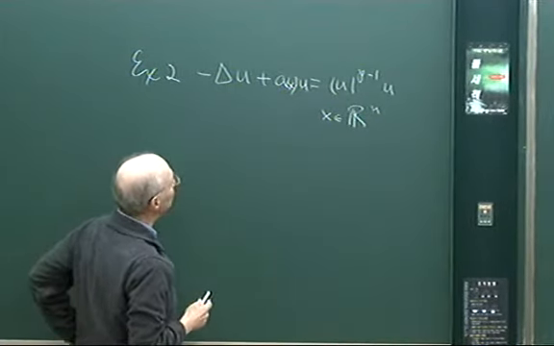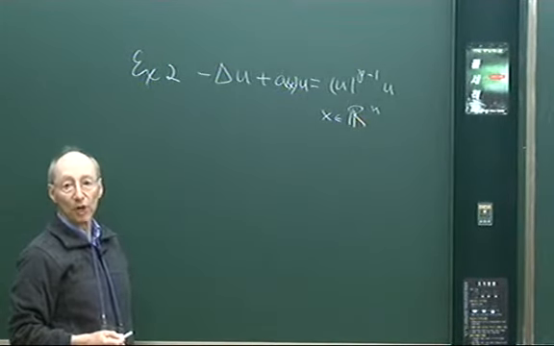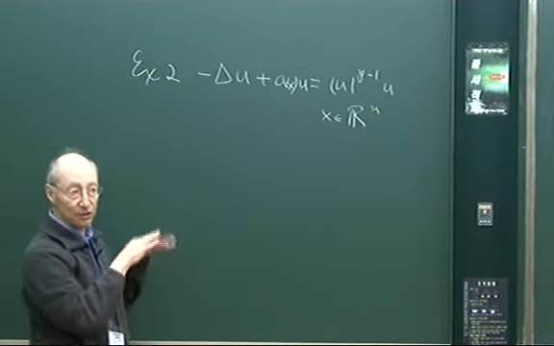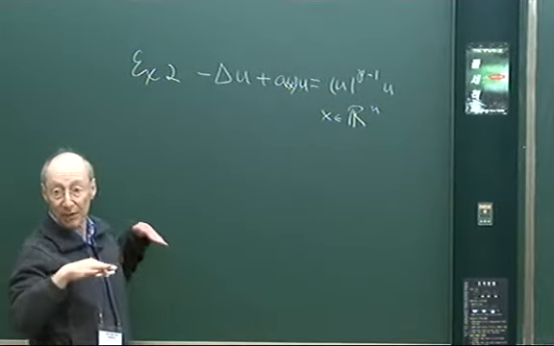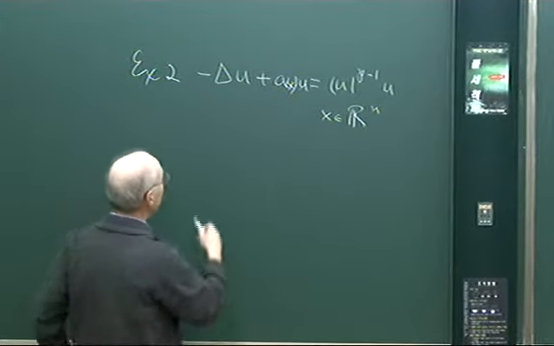Let's look for solutions of this equation which belong to W^{1,2}(R^n). So they'll tend to zero. Those are the prescribed asymptotics in this case.